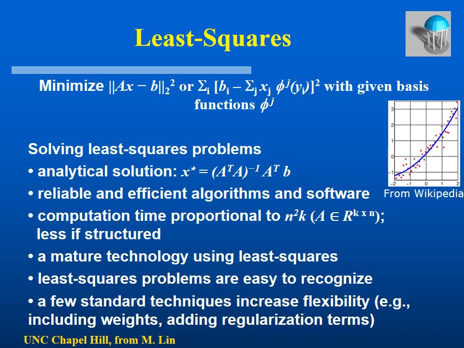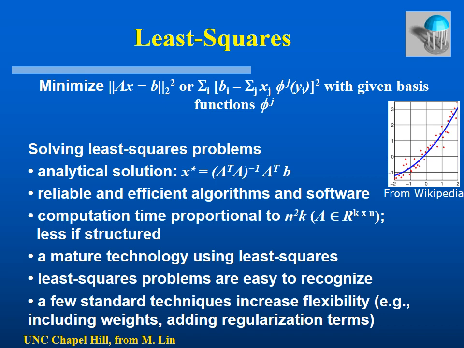So any polynomial will be the sum over j of x sub j times phi super j. And when evaluated at some particular value of y, you will get the evaluation of this quadratic, x1 times 1 plus x2 times y plus x3 times y squared at that particular value of y.